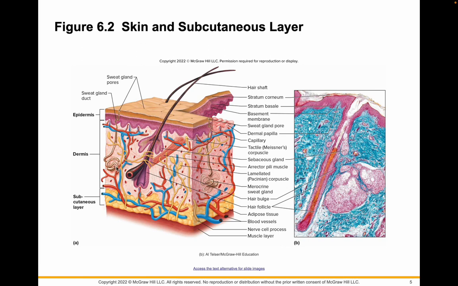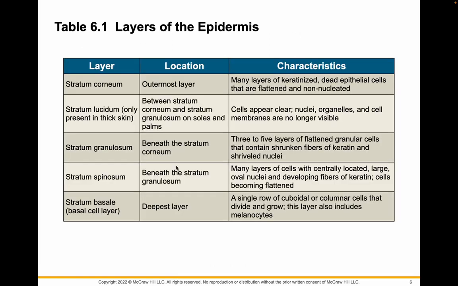There's a bunch of ducts for sweat glands and sebaceous glands associated with the hair follicle, and the dermal papillae that cause fingerprints, and then the hair papilla where vessels and nerves go into the hair follicle. There's all kinds of things going on in the skin.